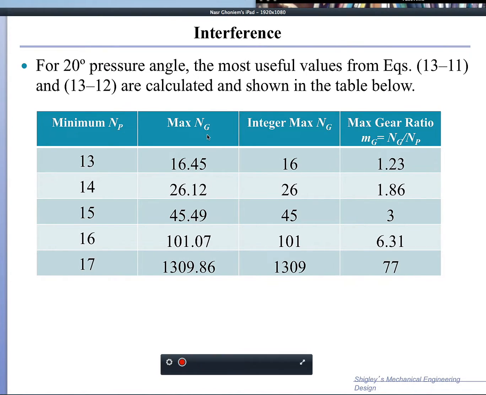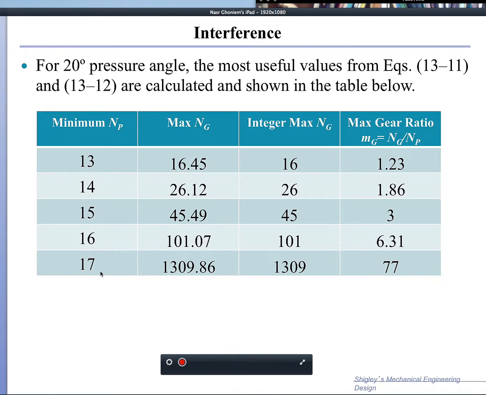If you look at the table here for a 20-degree pressure angle, depending on the gear ratio, the minimum number of teeth, let's say it turns out to be 13, then the corresponding maximum number of teeth on the large gear is 16.45, and we can round that off to 16, and that gives us the maximum possible gear ratio for that particular number of teeth.